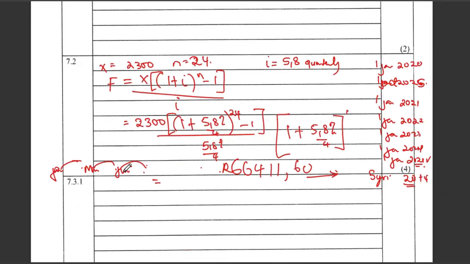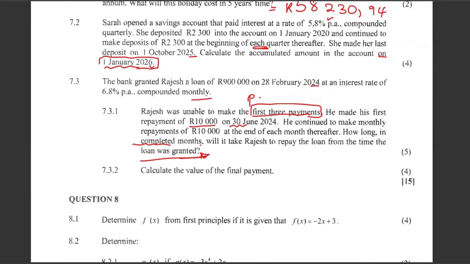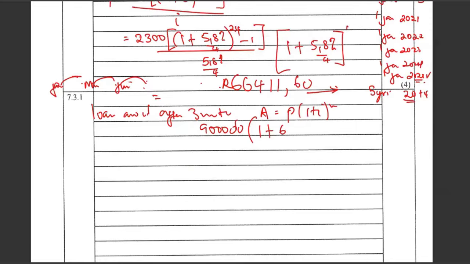Okay, so we're going to say that the loan amount after 3 months is going to be 1 plus I to the n, so that's going to be 900,000 into 1 plus the interest rate of 6.8% monthly to the exponent of 3 months.